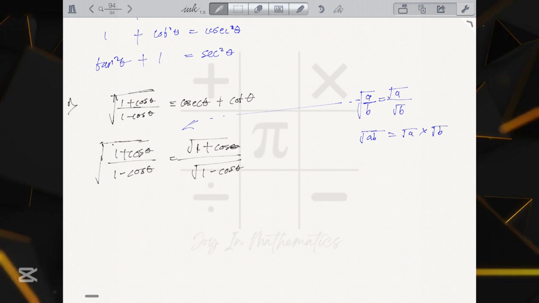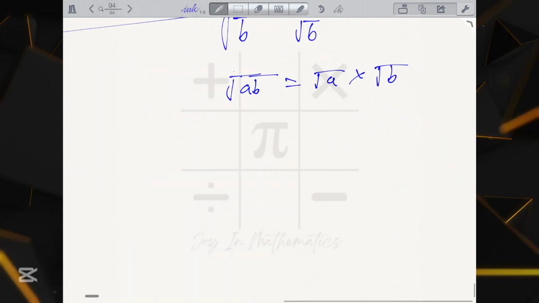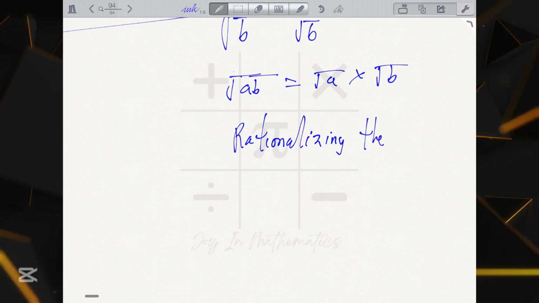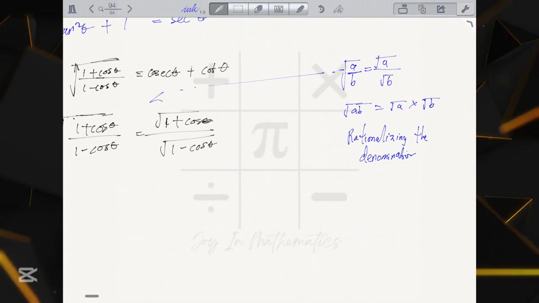Now, what we are going to do next is to multiply the numerator and denominator by the conjugate of the denominator. This is rationalizing the denominator, so watch more lesson videos on rationalizing the denominator in the surd course. We multiply the numerator and the denominator by the conjugate of the denominator.